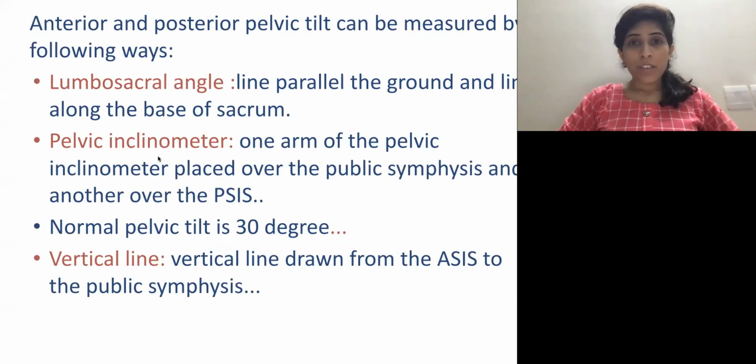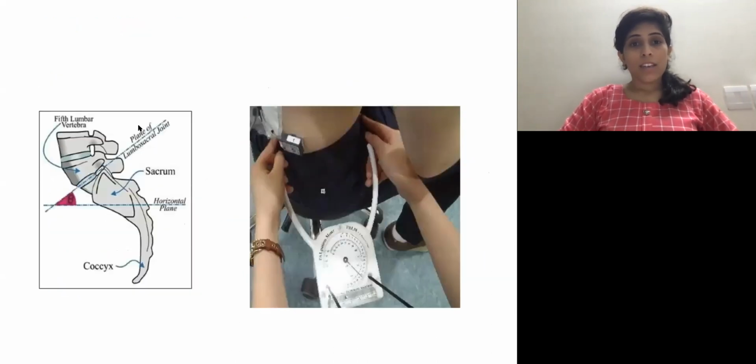We have to measure the lumbosacral angle to determine whether the pelvis is in the anterior pelvic tilt or the posterior pelvic tilt. We have another method, that is the pelvic inclinometer, and by drawing the vertical line. So here is the lumbosacral angle measurement, and here the measurement with the pelvic inclinometer.